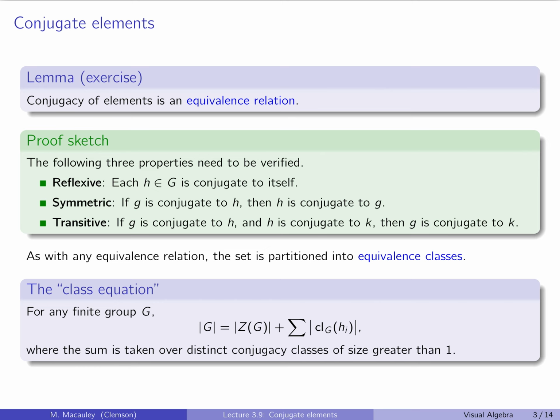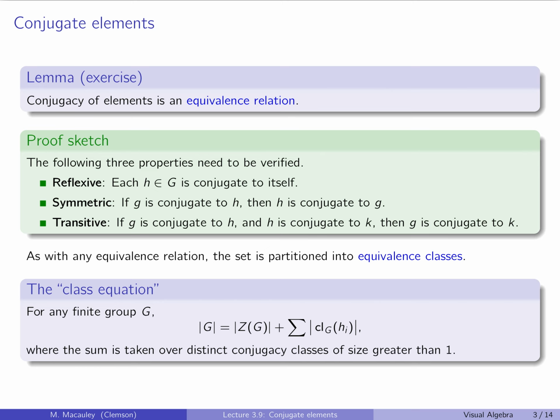As with any equivalence relation, the set on which it's defined is naturally partitioned into equivalence classes, where two things are in the same equivalence class if they are equivalent. In this case, that means they're conjugate. There's a theorem called sometimes the class equation, which I don't really think deserves this name.